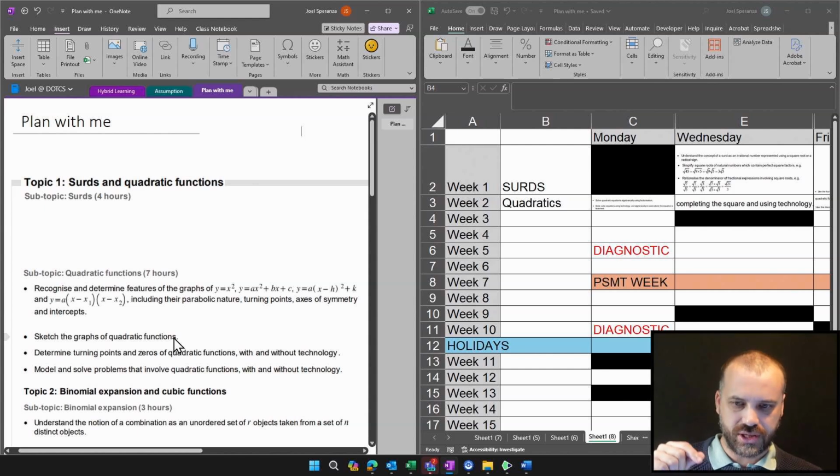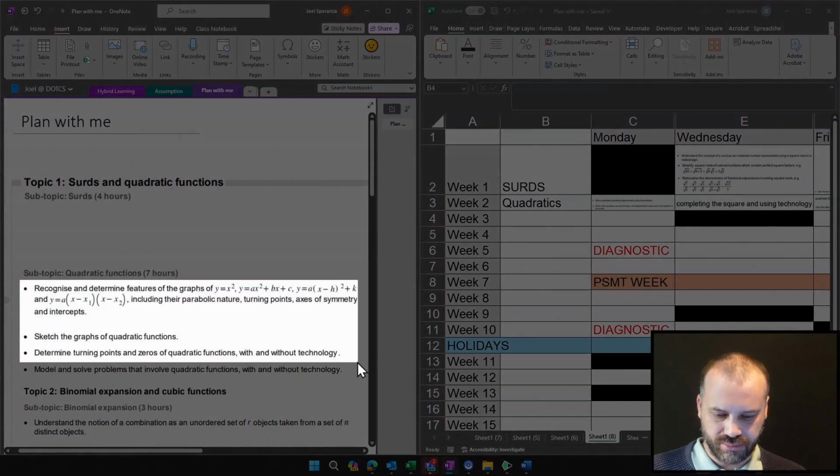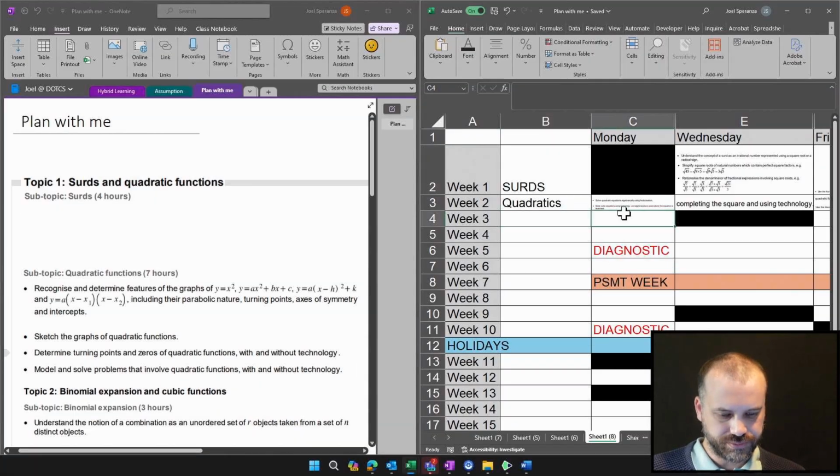Of course, if you are sketching the graphs of quadratic equations, you are also determining turning points and zeros, because you can't sketch a quadratic unless you're determining turning points and zeros of quadratic functions. So I'm going to put this, and this, all in my next lesson, right here.